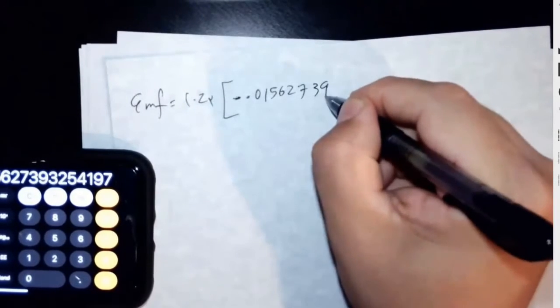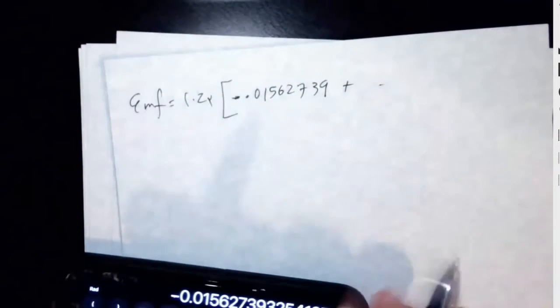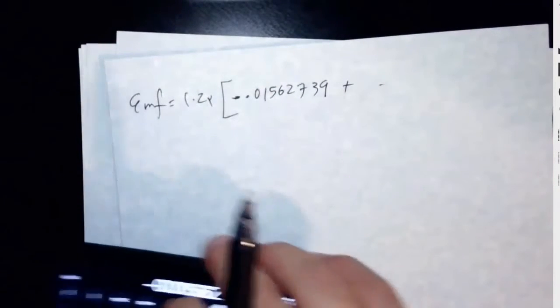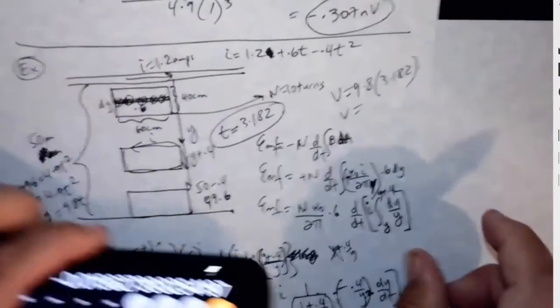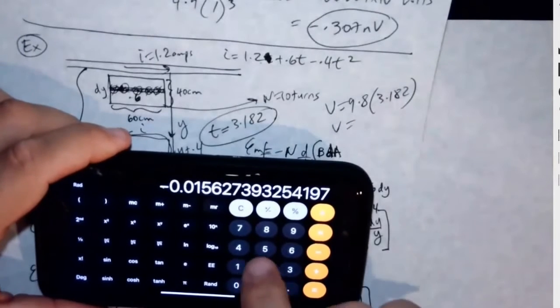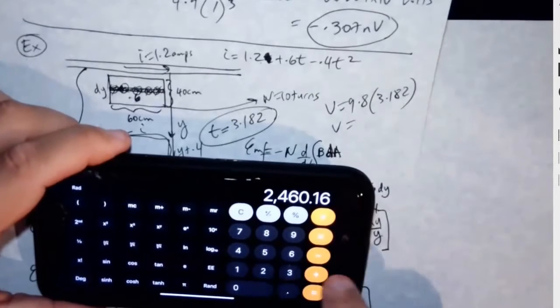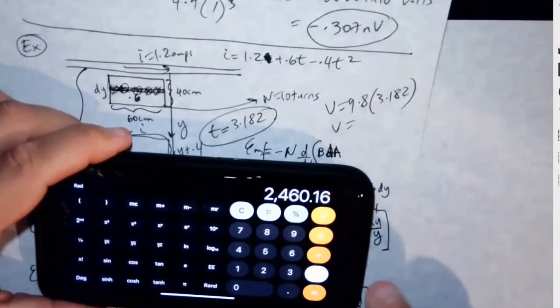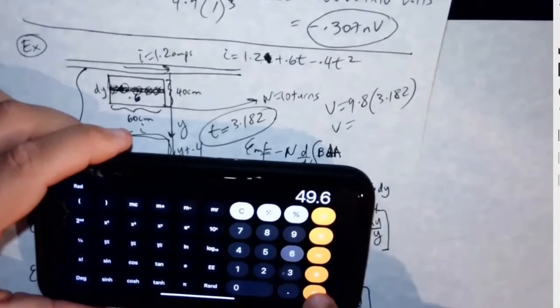0.01562739 plus, on the other part I don't have any ln, right? Yeah, I don't have any ln, so I just have 49.6 squared plus, ooh, that's a huge number, 0.4 times 49.6.